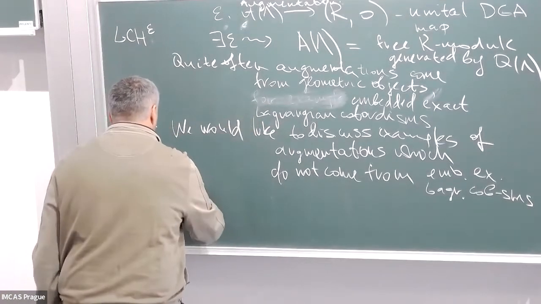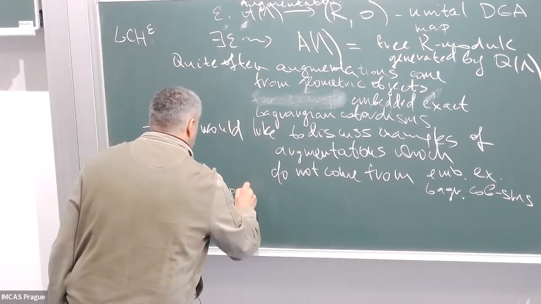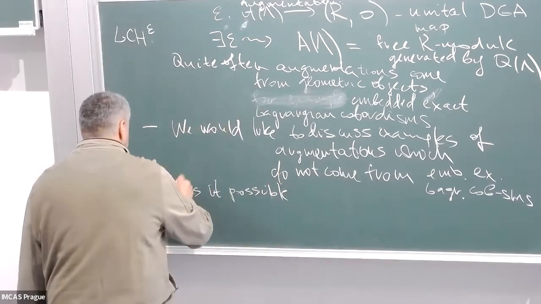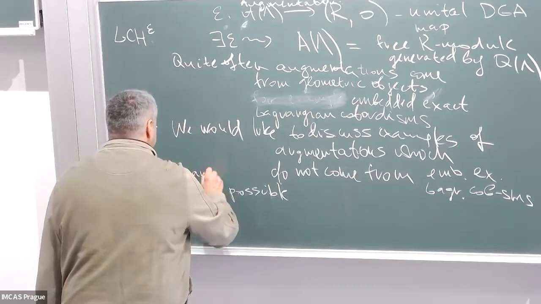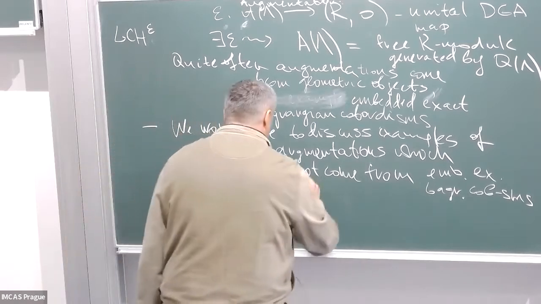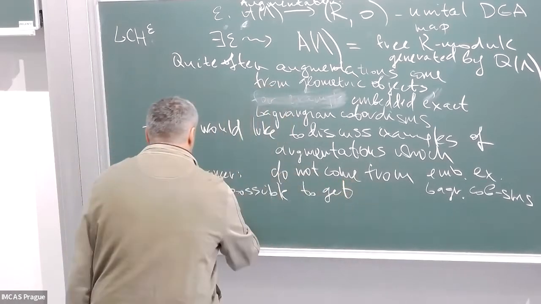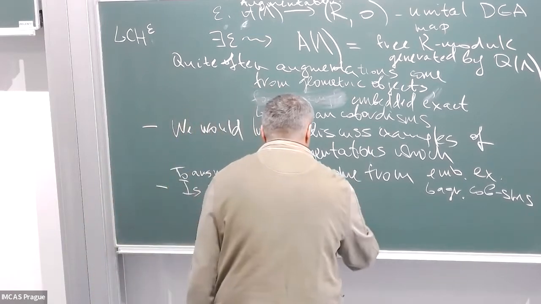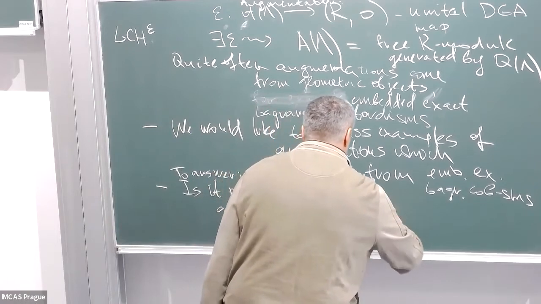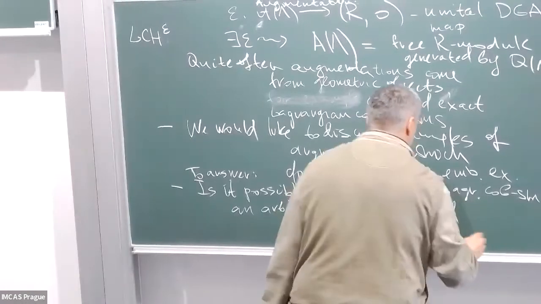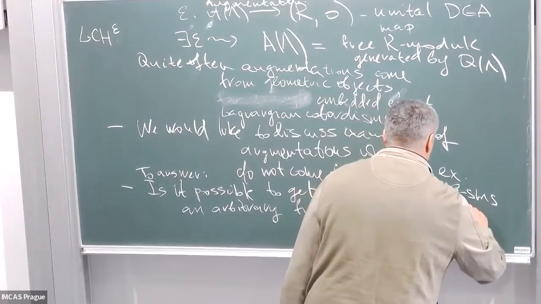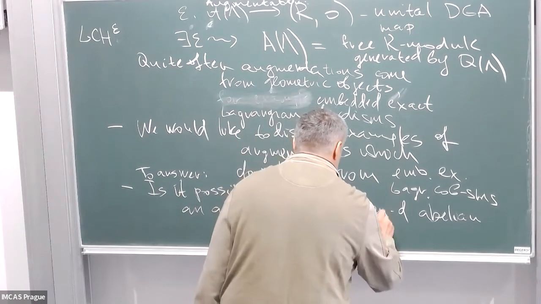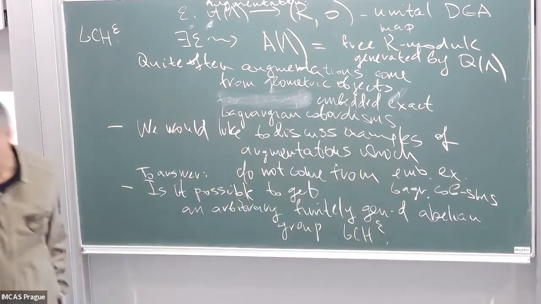The second goal is to answer the following question: is it possible to get an arbitrary finitely generated abelian group at the level of LCH epsilon, namely for this linearized complex?